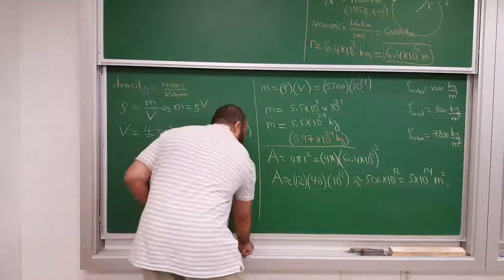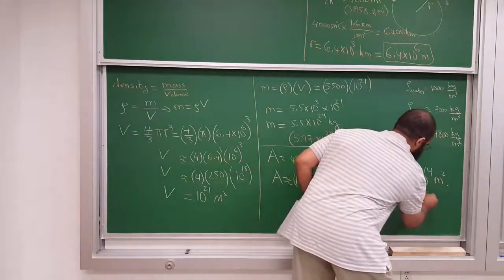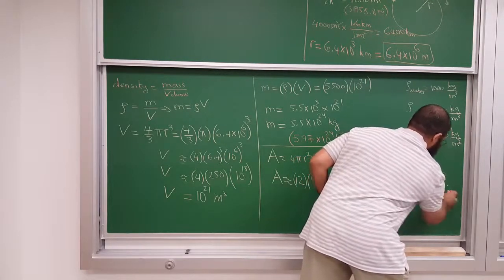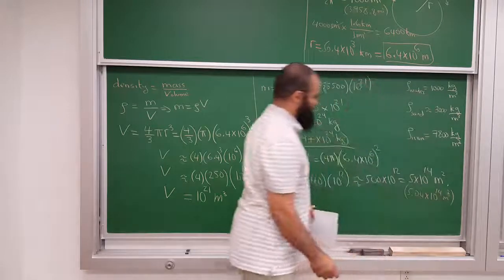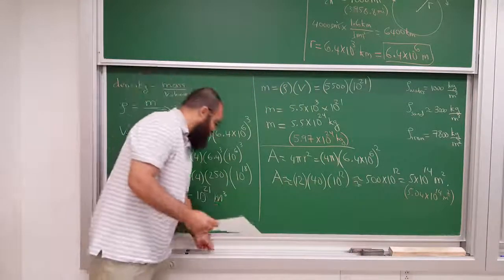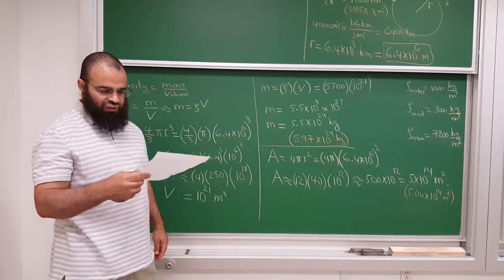So the actual value turns out to be about 5.04 times 10 to the 14 square meters. We're extremely close, right? 5 times 10 to the 14, they're saying 5.04. We're lucky. Very close. Okay, very good.